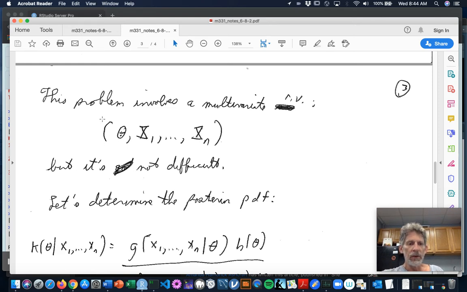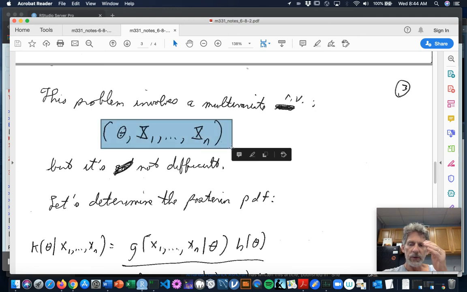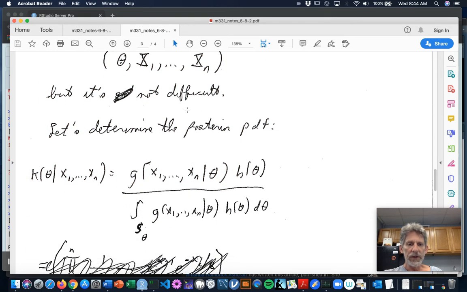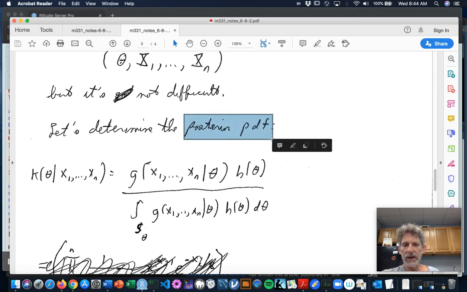So we're sticking with a kind of multivariate situation here, but that doesn't really make the problem any more difficult. We'll see why. We still want to determine the posterior PDF for theta conditioned on the x1 through the xn. Then we can just take the expectation, we can get an expectation out of that. So that's still our goal.